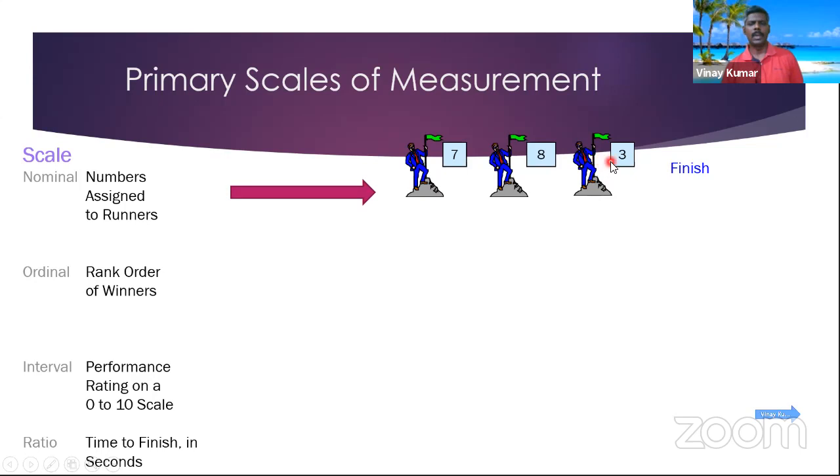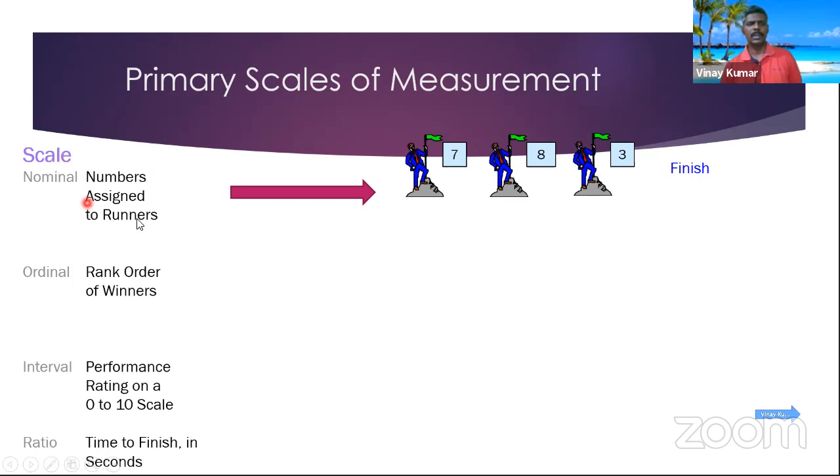Without assigning numbers to these athletes, it becomes very difficult for the referee to identify which athlete has won the race, which athlete has got second prize, third prize. So that's why he's assigning the numbers to identify the athletes. That's the role of the nominal scale.